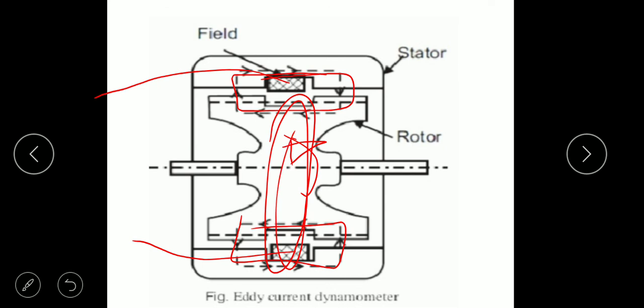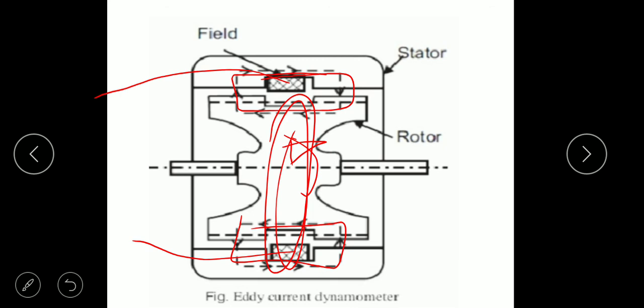But the rotation is angular, so the current developed in the rotor member will be eddy current, and that eddy current will try to reduce the RPM of the shaft, or oppose the magnetic flux.